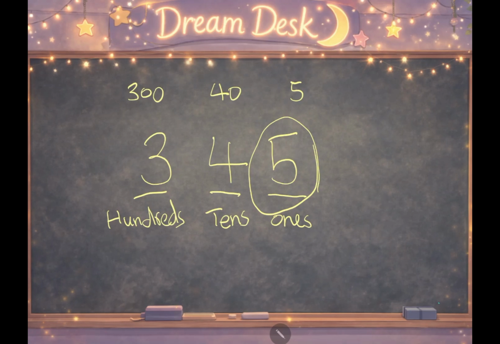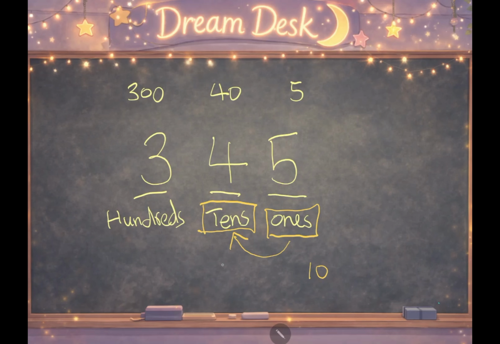Do you all recall the difference between place value and values now? From ones, if we go to the place value next to it, to its left, it becomes tens, and we know that tens is 10 times bigger than ones, because 10 of ones will become 1 of tens.